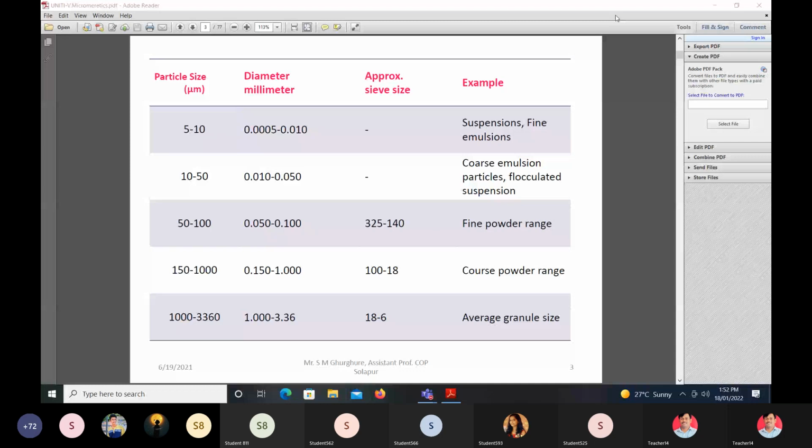If the particle size is between 5 to 10, then it is in the form of a suspension and emulsion. If it is coarse emulsion particles or flocculated emulsion particles, then the size range is between 10 to 50, and 50 to 100 micrometer particles are in fine powder range. The coarse powder range is 150 to 1000 micrometer, and the average granule size is between 1000 to 3360 micrometer.